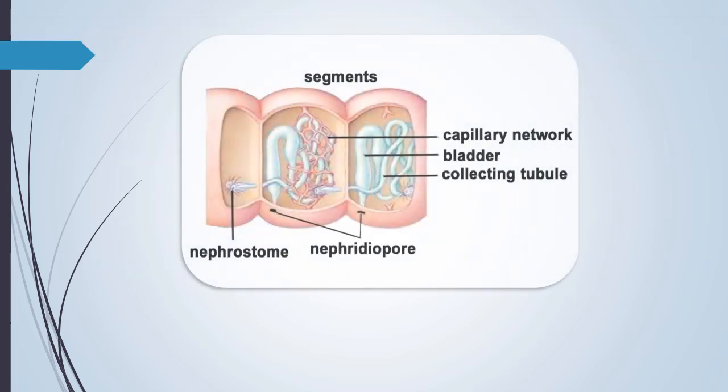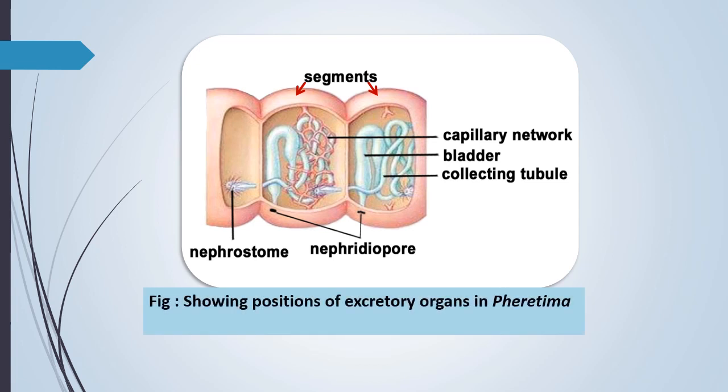Let us have a look at a diagram which shows the positions of the nephridia, the excretory organs, in Pheretima.